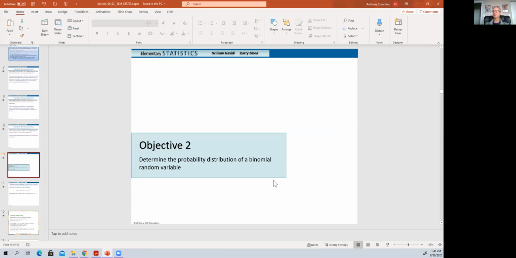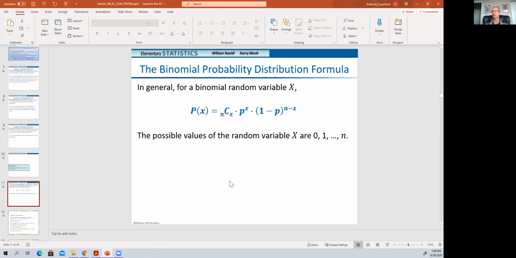So what we're going to do now is talk about this idea of determining the probability and figuring out what the random variables are. And I always start with a pretty simple example, which would be flipping coins. But before I do that, I do want to show you the formula. You can see the formula becomes reasonably nasty in the sense that it's very tedious to calculate by hand.